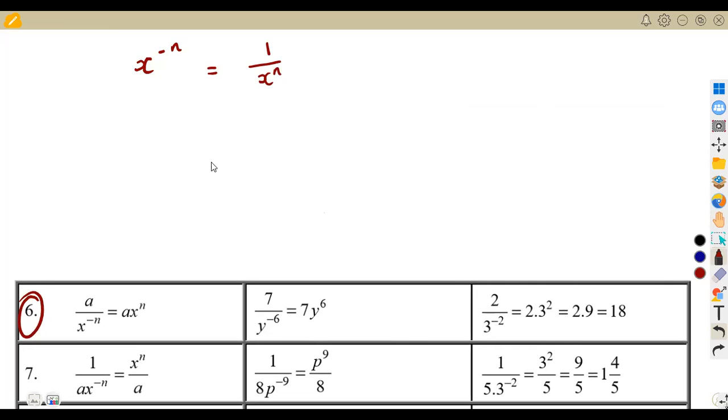Meaning that if we multiply this by a certain term, a x to the exponent of negative n, the constant that is multiplying goes on top. So it's going to be a over x to the exponent of n, a being on top, which is the number that is multiplying here.